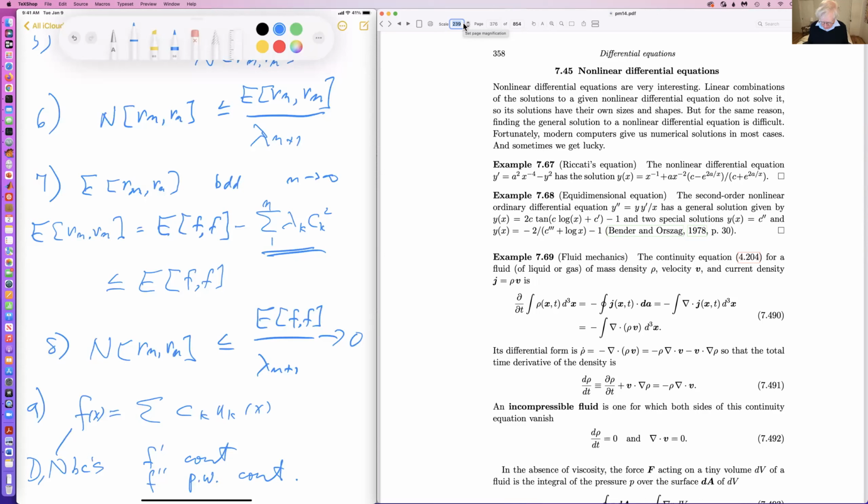Then this series converges, and like gangbusters, it converges absolutely and uniformly. We're not going to prove that, but mathematicians have, in fact, 100 years ago, I guess. Okay, I think that's enough for that. And now we can turn to nonlinear differential equations.